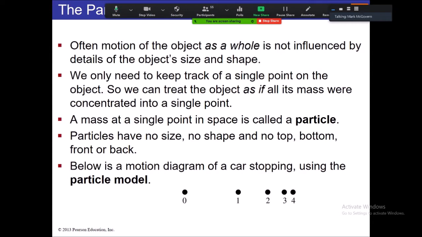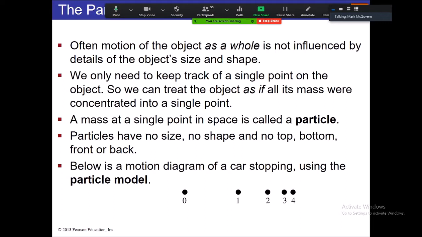We want simplification. Okay? So we are going to invoke what's called the particle model. And our objects may have a shape and a size to them, but we don't care about the object's shape and size, at least not initially. Not in chapter 1, not in chapter 2. In fact, not until around chapter 12 are we going to care about those things.